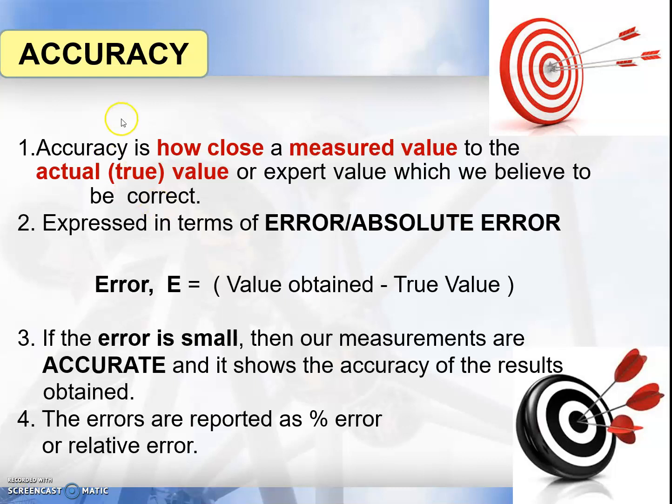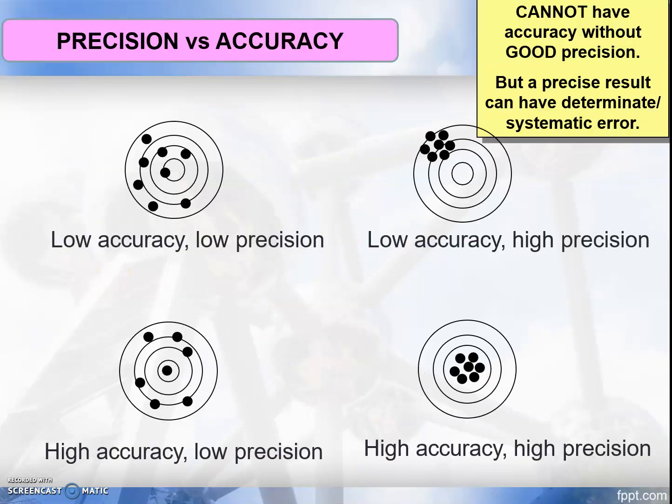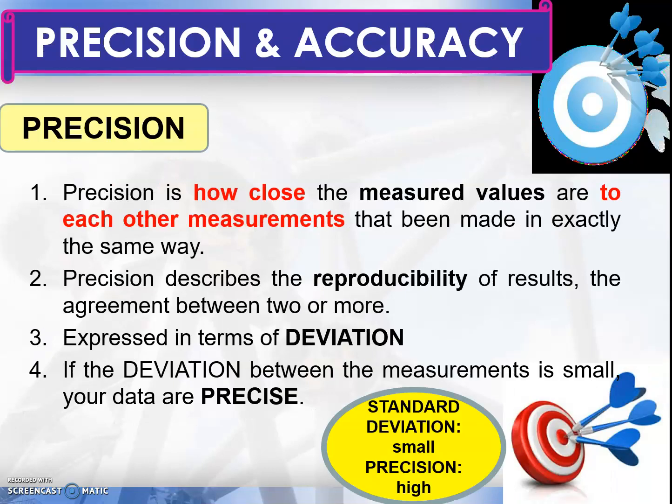Next, I want to highlight accuracy from the definition, and you can relate it with the formula. Accuracy relates to error. In the formula of error, if the value of error is small, it means high accuracy. Precision is about how close the measured values are to each other.